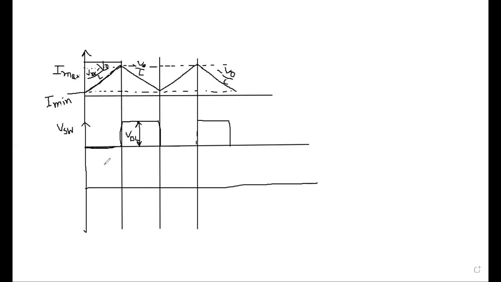Since it is an inductive current, it is not touching the zero axis. It has continuous current flow. So we get the output current, the inductive current, in this way.